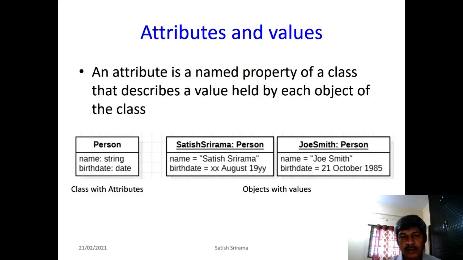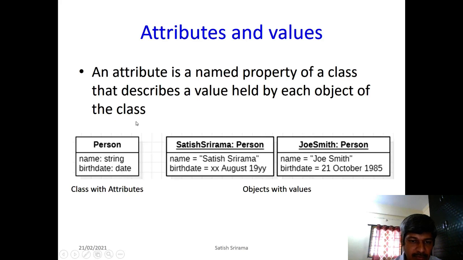Let's move on. Each of these classes, and also the objects, will have attributes, isn't it? An attribute is a named property of a class that describes a value held by each of the objects of that class. If we go with this person class, it has a name as one of the attributes, which is of the type string, and it has a birth date, which is of the type date.